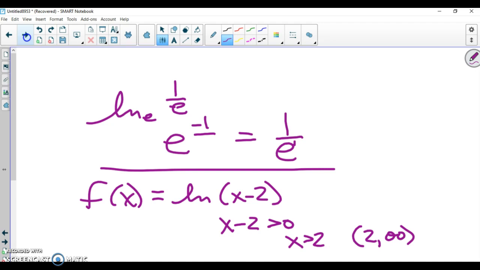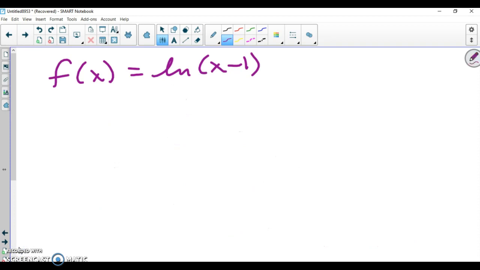Go ahead and read through example 9, parts B and C, and then try problem 89, and we'll meet right back here. So very similar to problem 45 that we worked out, this is just a natural log. We understand that the argument of the log needs to be greater than 0.